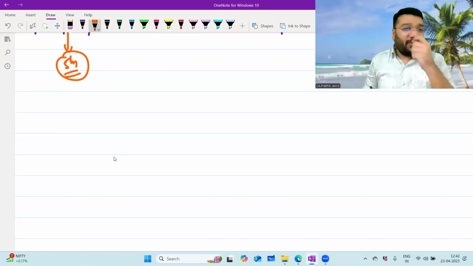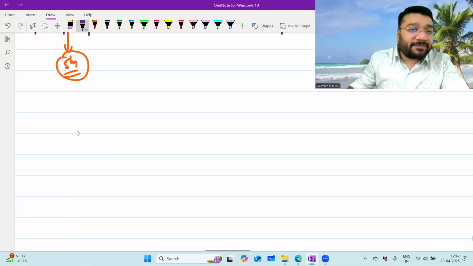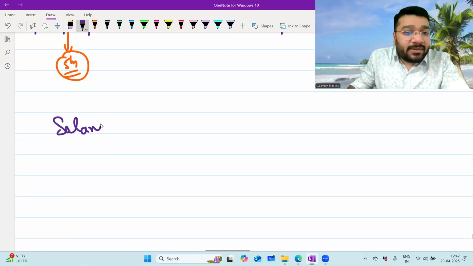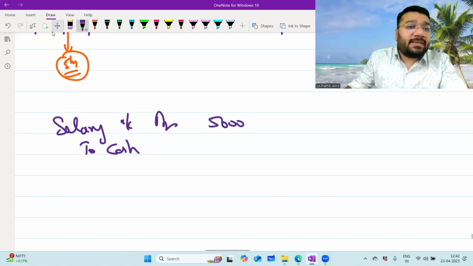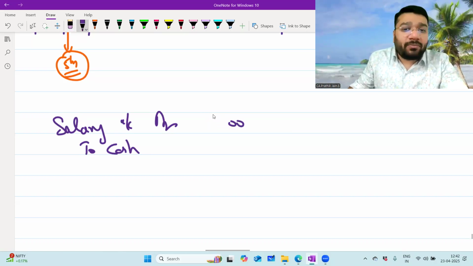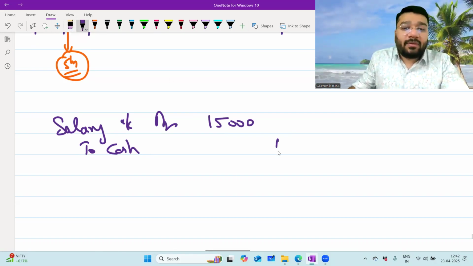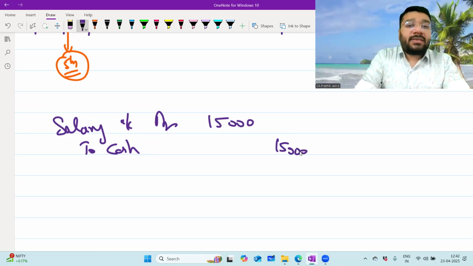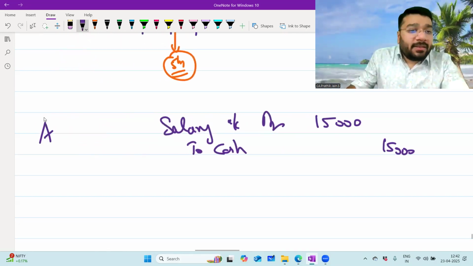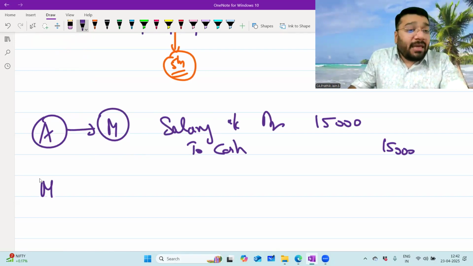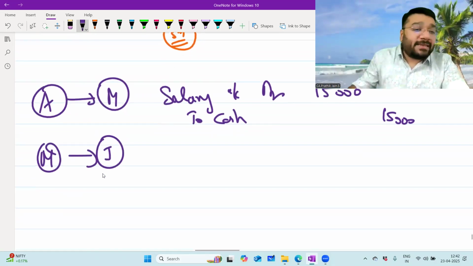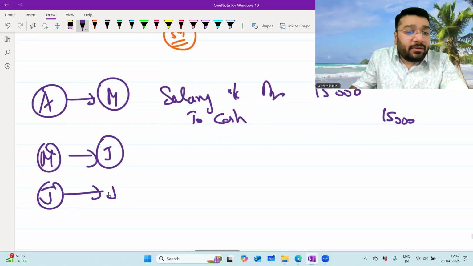So on the 5th of May, what entry will he pass? Salary account debit to cash, recording 5,000 rupees or, let's say, 15,000 rupees. This is which month salary? This is April month salary paid in May. Like that, May month salary will be paid in June, June month salary in July.